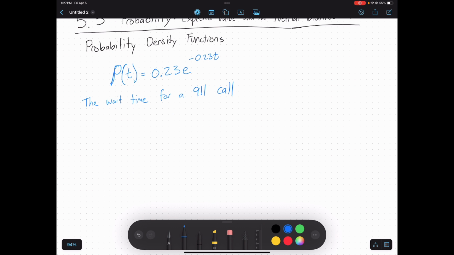Well, where do integrals come into this? Let's say I wanted to ask the question, what is the likelihood or the probability that my wait time will be under 10 seconds?